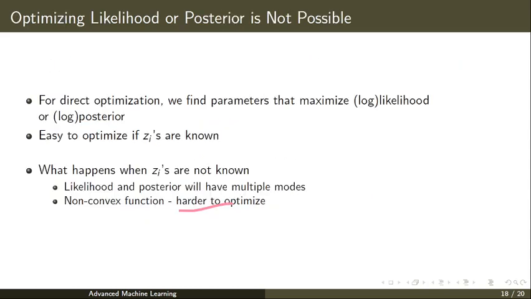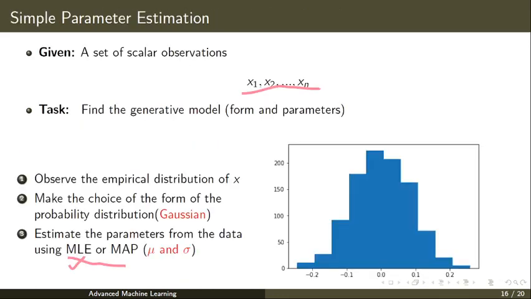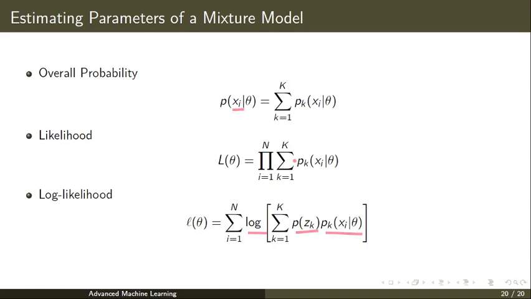It's also because of the non-convex form of your function that it's becoming hard to solve. So next time we will see a method to estimate the parameters of the mixture model by using an algorithm, namely expectation maximization. So that's all for today.